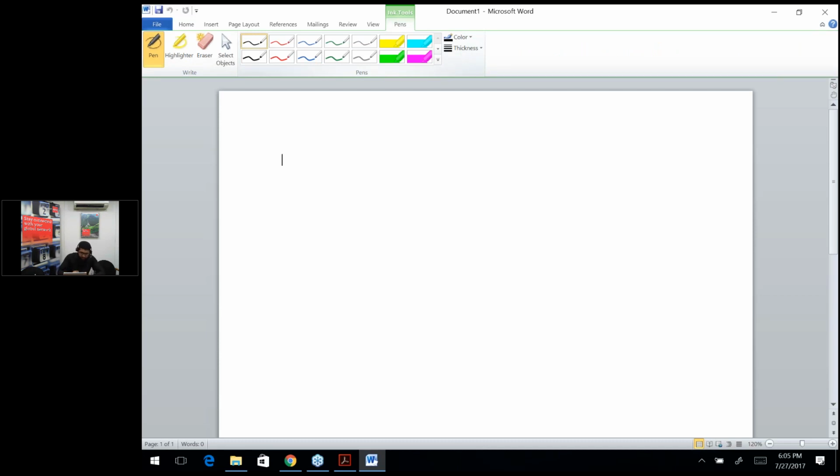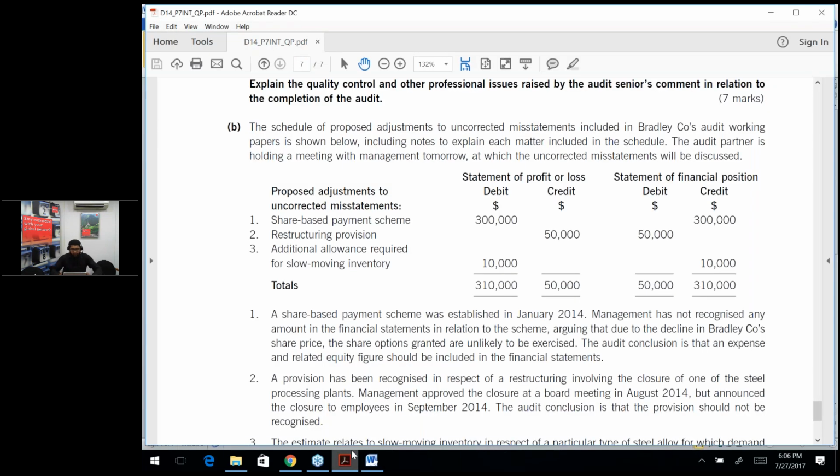This is question number 5, part B. It says the schedule of proposed adjustments to the uncorrected misstatements included in Bradley Company's statement in audit working papers is shown below, including the notes to explain each matter included in the schedule. The audit partner is holding a meeting with the management tomorrow at which the uncorrected misstatements will be discussed.